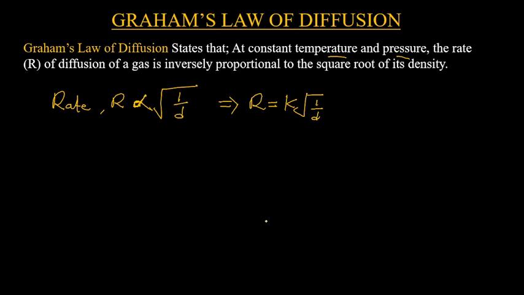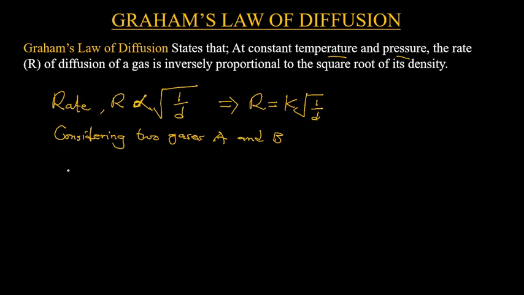So usually we'll consider the ratio between diffusion of two gases. So when we consider two gases A and B, we'll be looking at the rate of their diffusion.